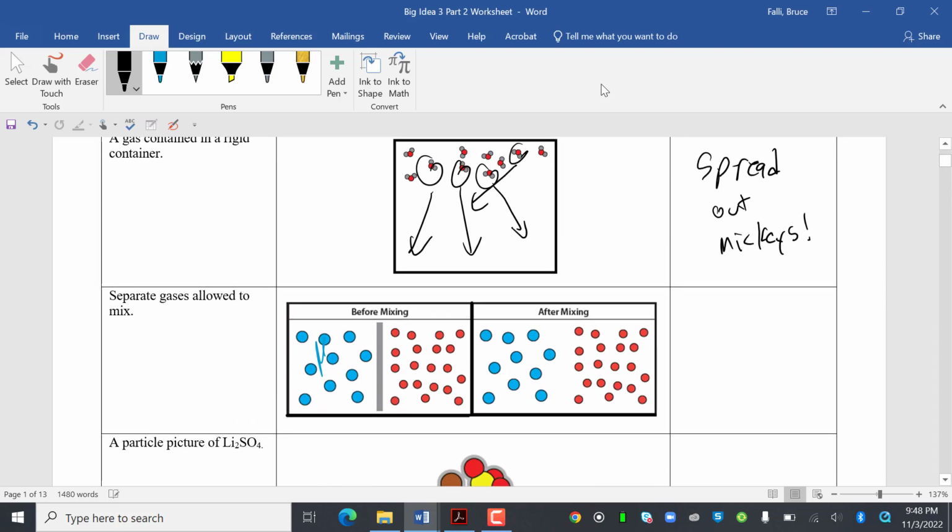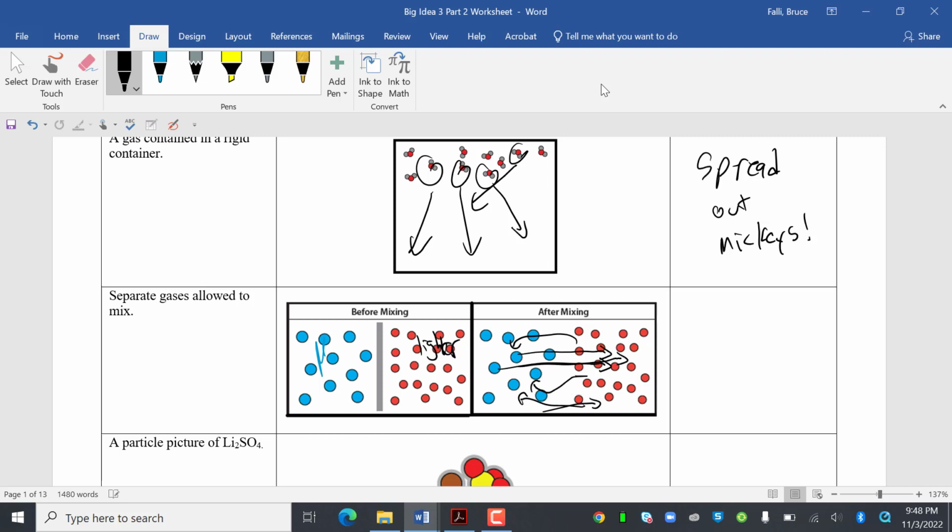Separate gases are allowed to mix. So right here, when they're mixing, after mixing, red is lighter. So if it's lighter, what's going to happen is reds will be in here, reds will be in here, reds will be in here, and blues will be in here, and blues will be in here.